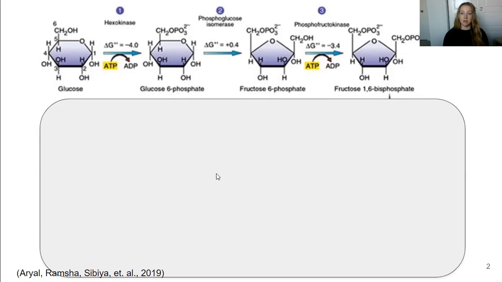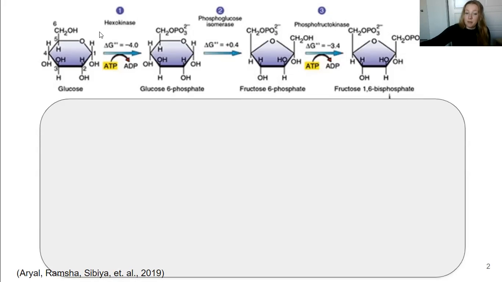Phosphorylation is the process of adding a phosphate group to a molecule, derived from an ATP. So 1 molecule of ATP has been used up in this step and is now converted to ADP. The enzyme hexokinase is used in this first step, and it catalyzes the phosphorylation of the glucose ring.